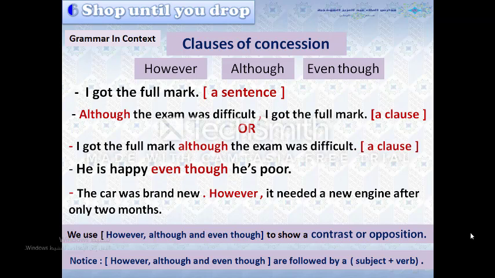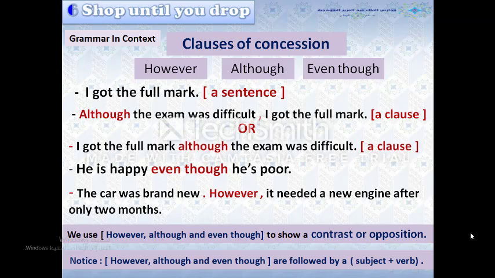Clauses of concession are however, although, and even though. First of all, what's the clause? Well, I'll tell you what a clause is. I got the full mark. Is this a clause? No, it's a sentence.